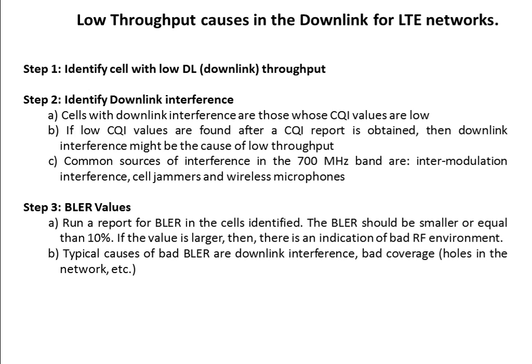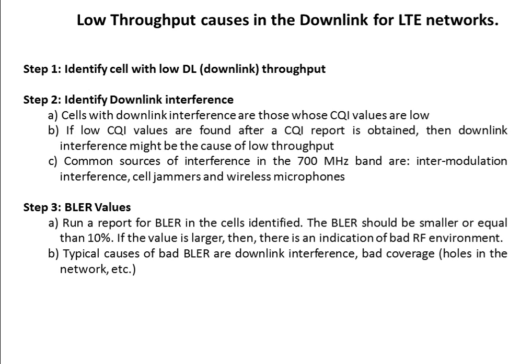So first we need to identify the cells with low throughput, identify the downlink interference, and see the CQI values and CQI reporting, and see if the CQI reporting is proper and what the average CQIs reported by various UEs in the cell are. Accordingly, we have to see whether it is due to downlink interference or BLER values.